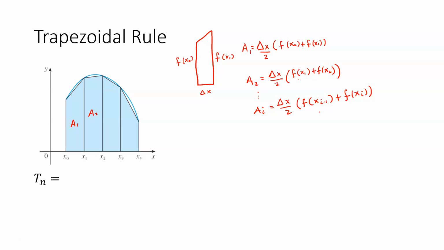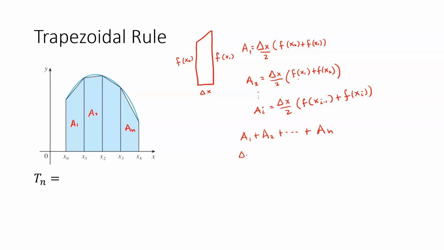Yeah, that would be the ith trapezoid. So to get the sum of all these trapezoids, we can add them up. You can imagine that summing up all these trapezoids, A1 plus A2 and so on, all the way out to the nth one, say the last one was An. Well, then you'd have each of these summed up here.